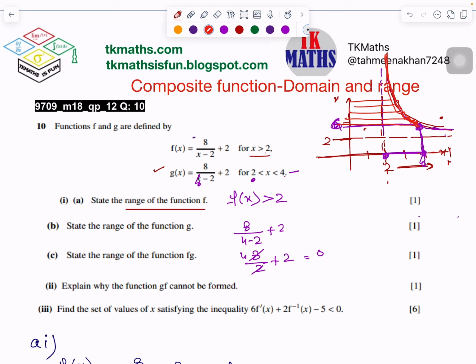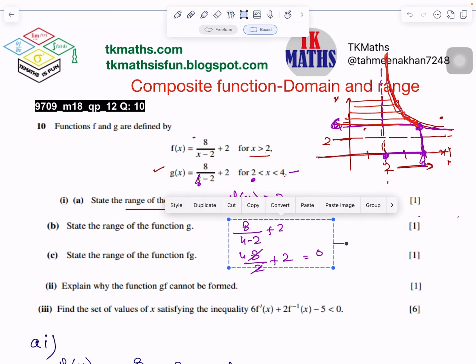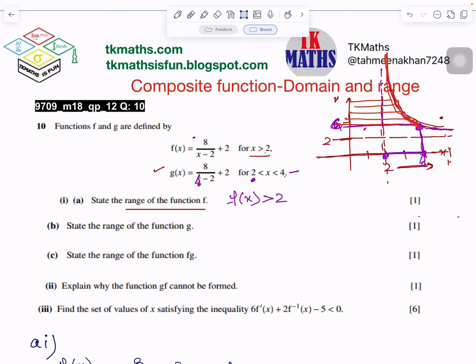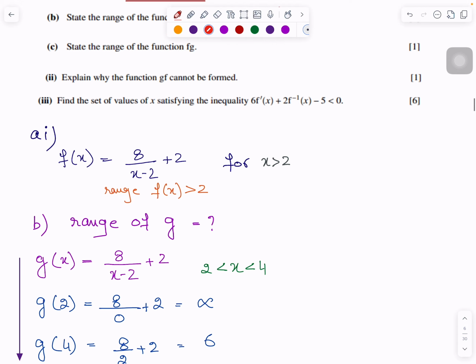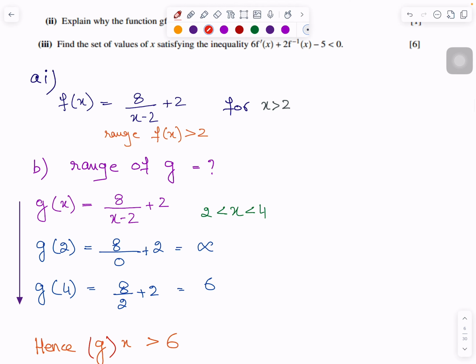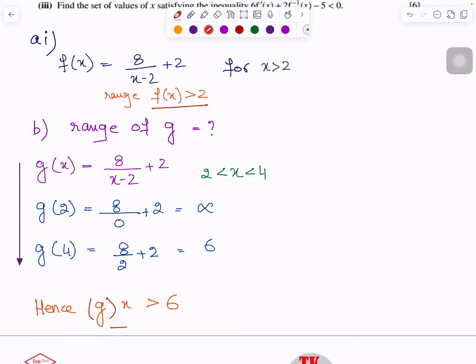So the range of g is greater than 6. You can write here, g of x is greater than 6. I have written this neatly here so that you can understand. So the range of f is greater than 2 and the range of g is greater than 6 for this domain.